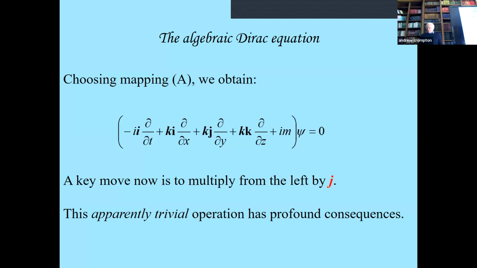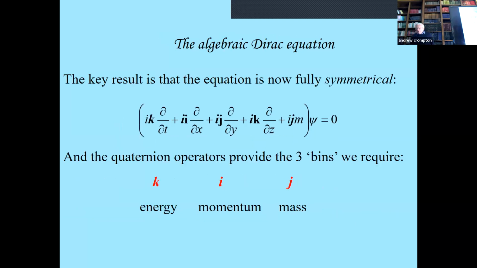But now let's do something that people don't make a fuss about. I'm going to multiply that by j from the left. It's absolutely trivial, but it leads to profound consequences. That's what you get. And now we've got 3 bins which separate out our energy, momentum, mass. That's nice.